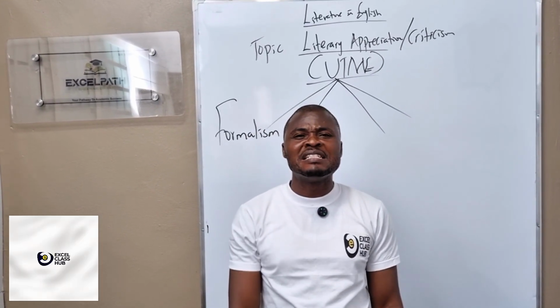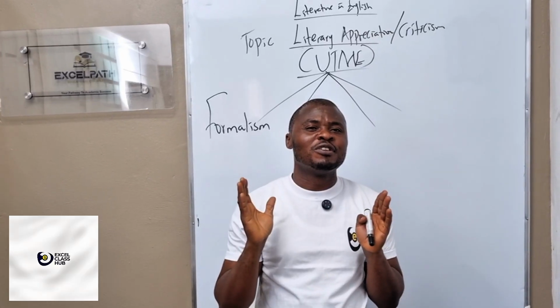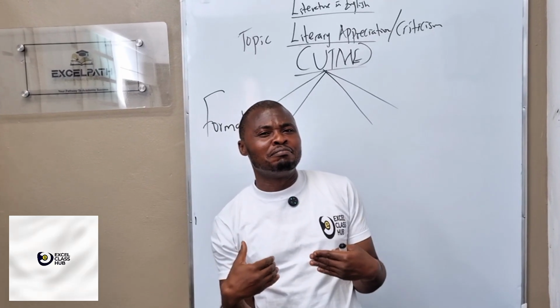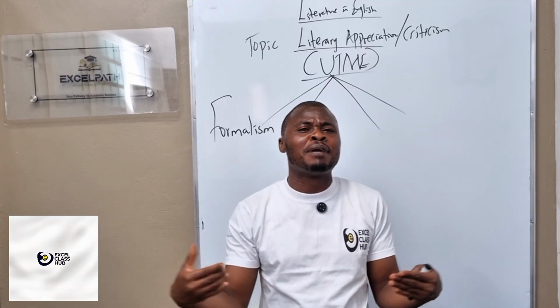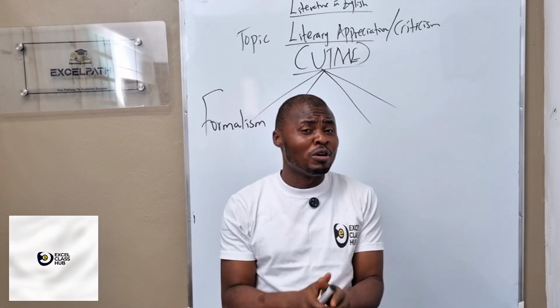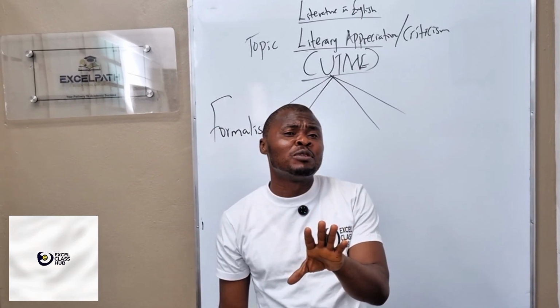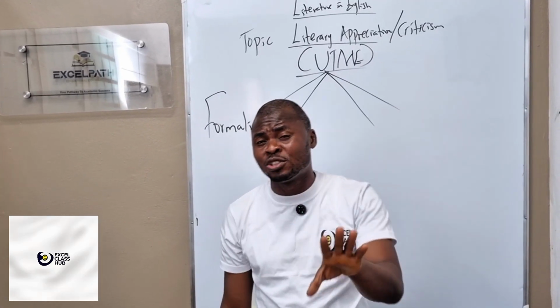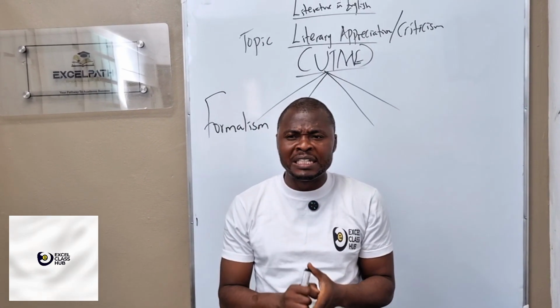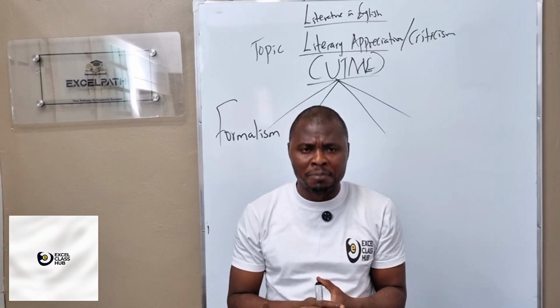Please, form there means the work itself. So knowing me by who I am, not by what you've read about me. Do you get it? So when you are reading a literary work and you are responding to questions based on what is inside the literary work, what you are doing is called formalism.